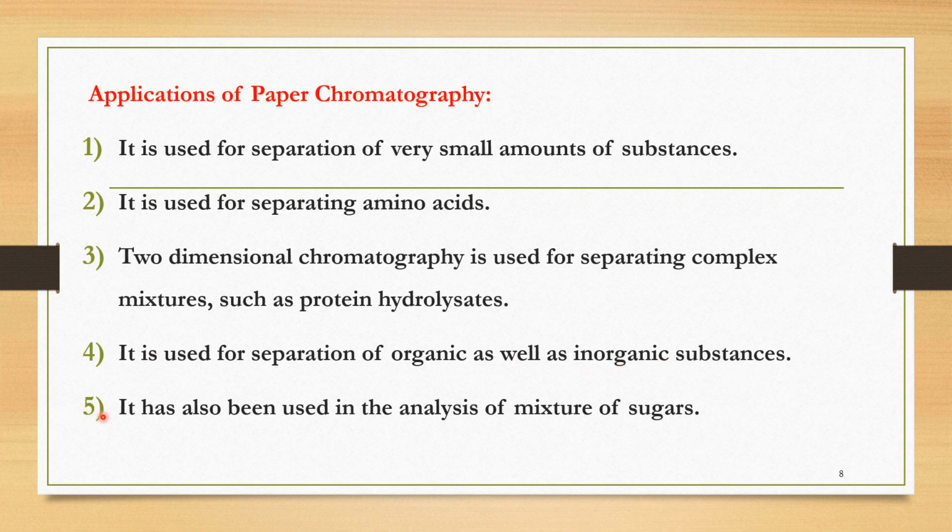And the last one is that it has also been used in the analysis of mixtures of sugars. If we have a mixture of sugars, it is useful to analyze it with the help of paper chromatography. So these are the highlighted or important applications of paper chromatography.